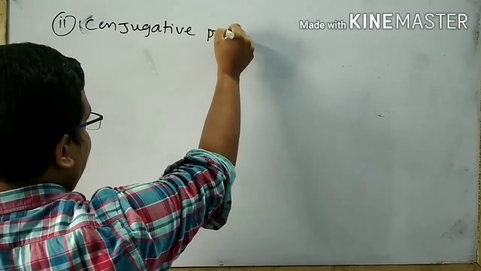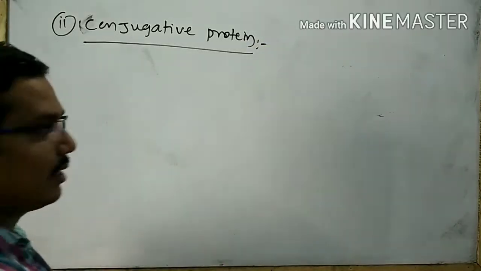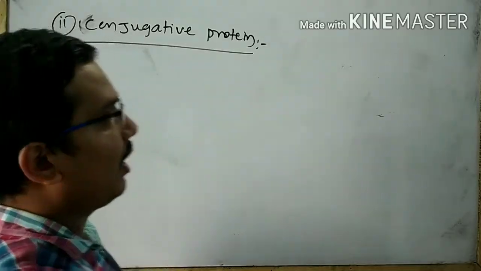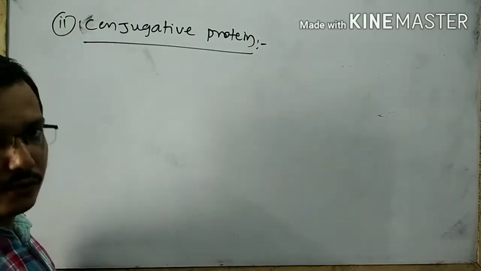When the conjugative protein undergoes hydrolysis, then it gives an alpha amino acid with a non-protein part. The non-protein part is called prosthetic group.